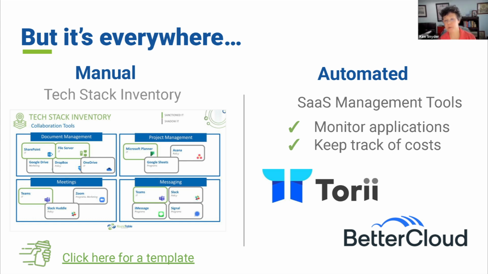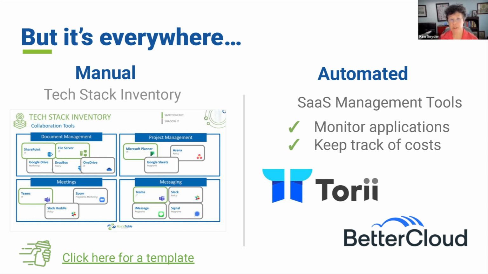There are other automated tools that make this a whole lot easier. Tori is one that we recommend highly, and Better Cloud is another one of these tools. These monitor on an ongoing basis, and they're also designed to help you not just manage these tools and what you've got going on in your organization, but keep track of the cost.